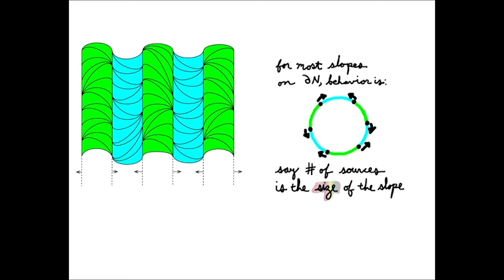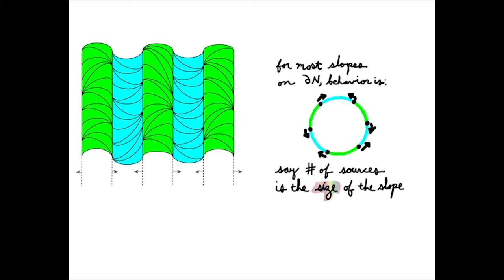The curve will go around and intersect ladders, and whenever it crosses from one to the other, the co-orientation is going to be as I've drawn. So these co-orientations, you can think of as extending to a vector field on the circle, and I'll get some number of sources and sinks.